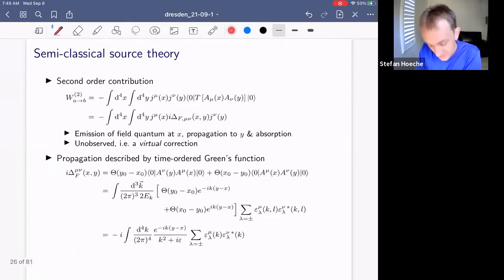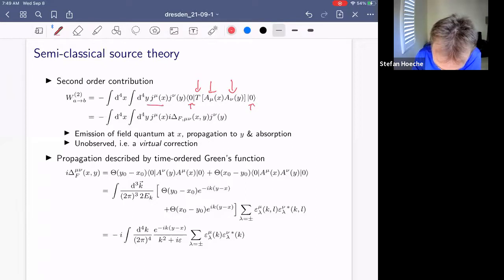Once I know this, the first actual contribution is the second order term. In the second order term, because I had a time ordering here, I have the time ordered product of two gauge fields that are sandwiched between the vacuum states. They get multiplied because I had the minimal coupling to two currents. I guess you will all recognize the structure that is appearing here.